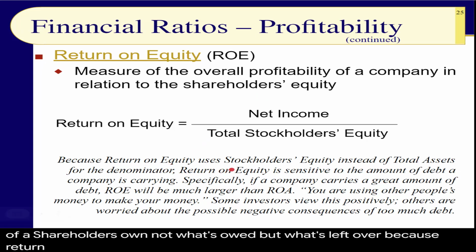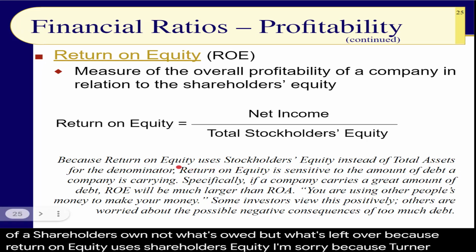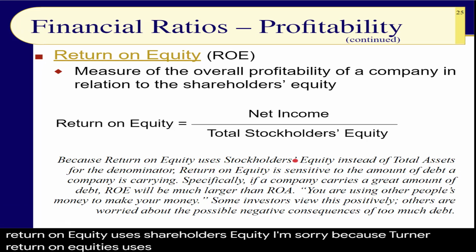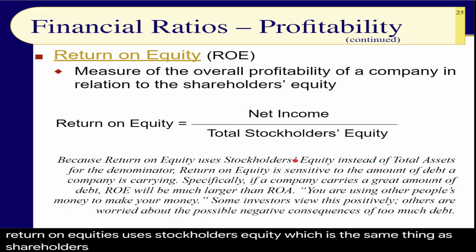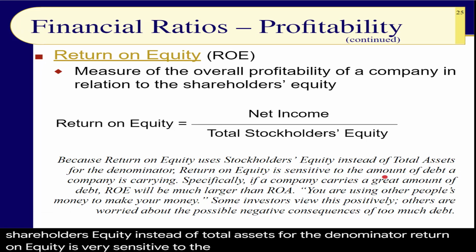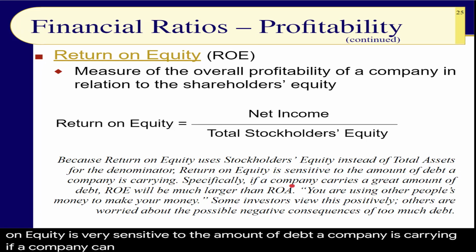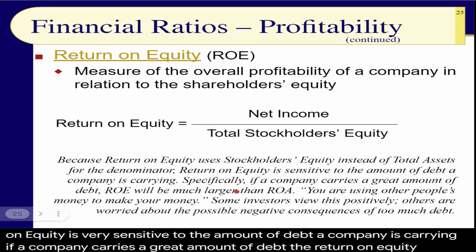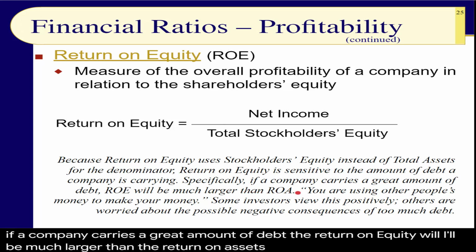Because return on equity uses stockholders' equity, which is the same thing as shareholders' equity, instead of total assets for the denominator, return on equity is very sensitive to the amount of debt a company is carrying. If a company carries a great amount of debt, the return on equity will be much larger than the return on assets. And why is this?